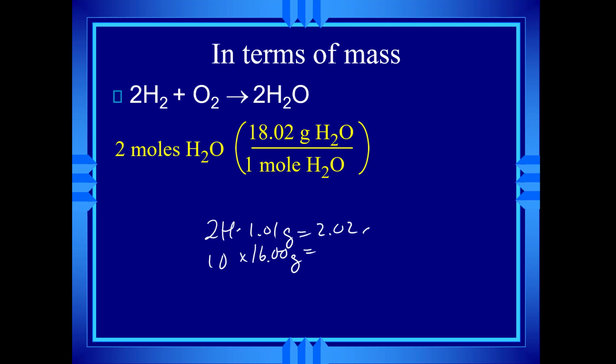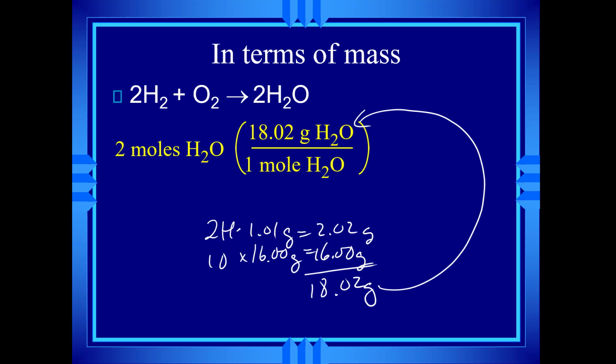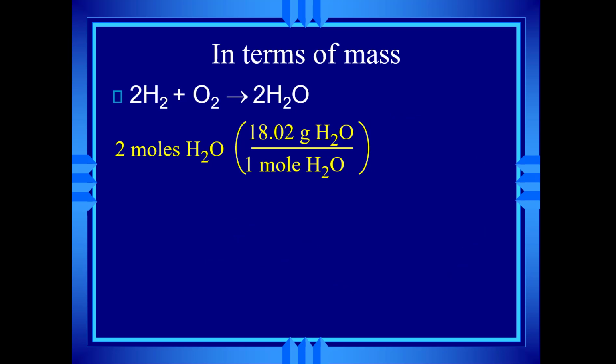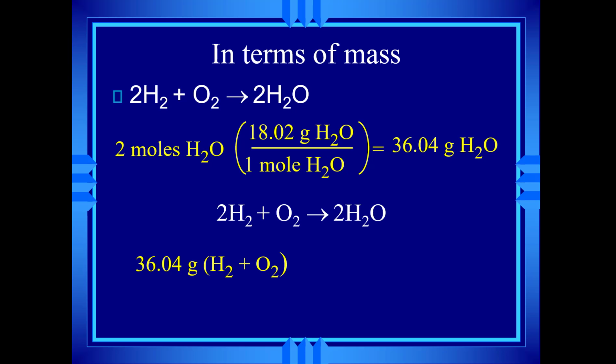That's 2.02 grams, and 16.00 grams is 18.02 grams. Add up the numbers on the periodic table. That's why we learned how to do this. Okay. And that adds up to 36.04 grams. But just a second ago, we said my reactants weighed 36.04 grams.